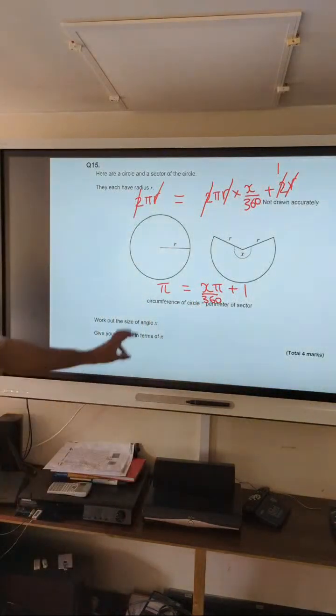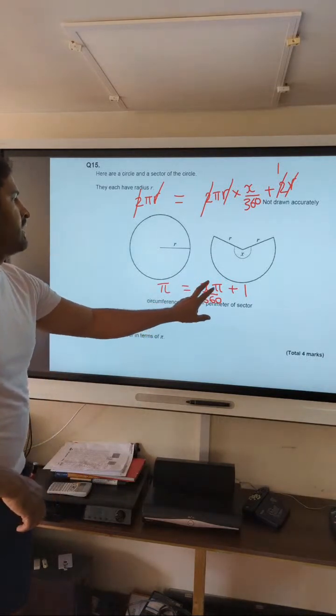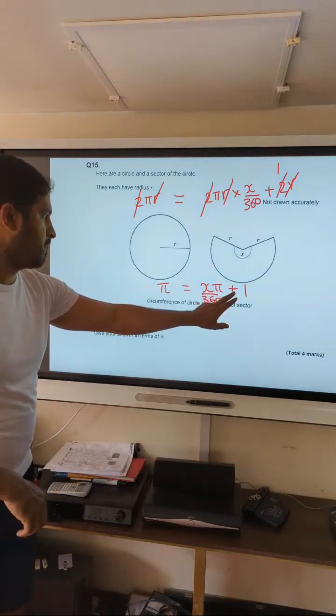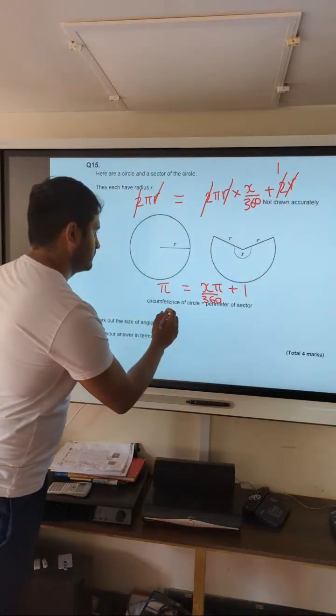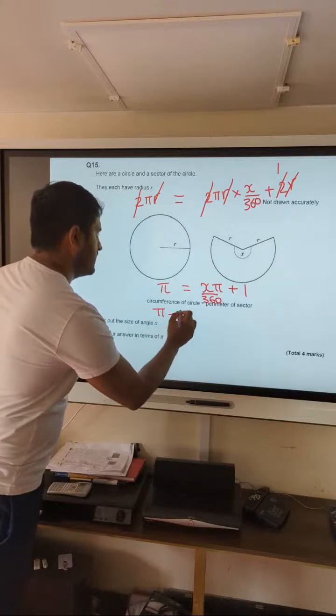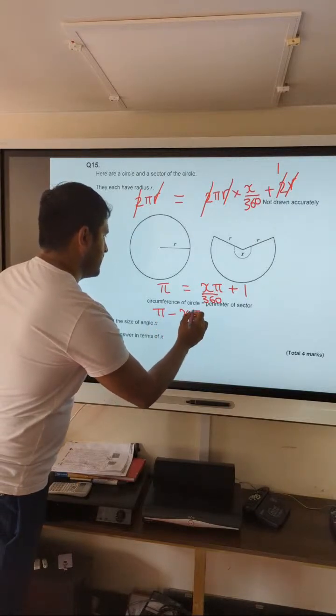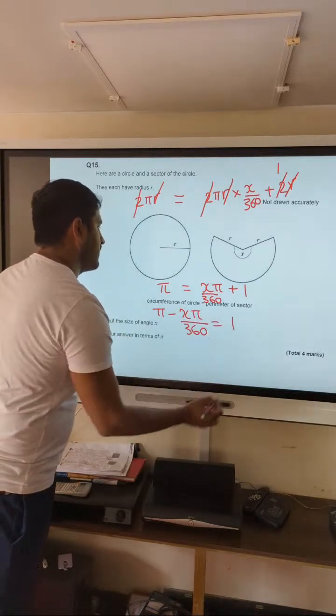Now you've got pi on both sides of the equal sign. So let's bring it onto one side of the equal sign and get rid of the pi in a way, or just work with the pi as it is. So if I move that one here, pi minus pi x over 360 is equal to 1.